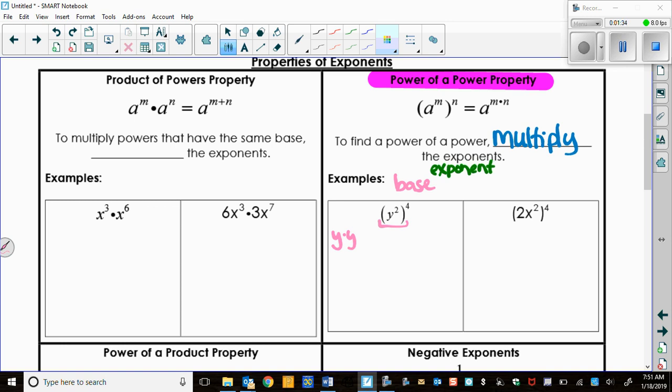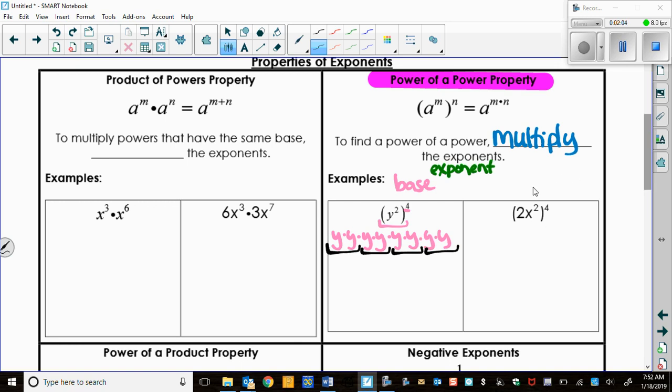Because of this 4, I'm going to do y times y, y times y, y times y, y times y. So here are the groups: the first group, the second group, the third group, and the fourth group. I just expanded what's in the parentheses, and then copied it in 4 groups.